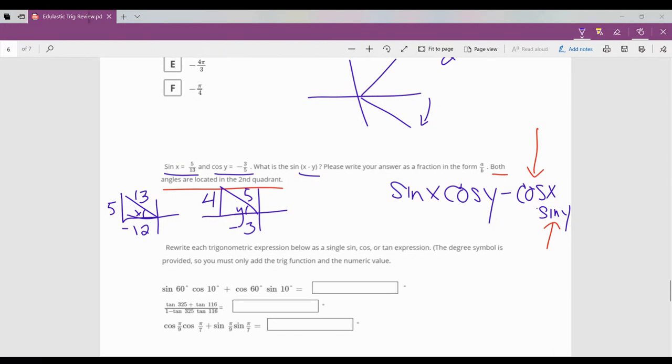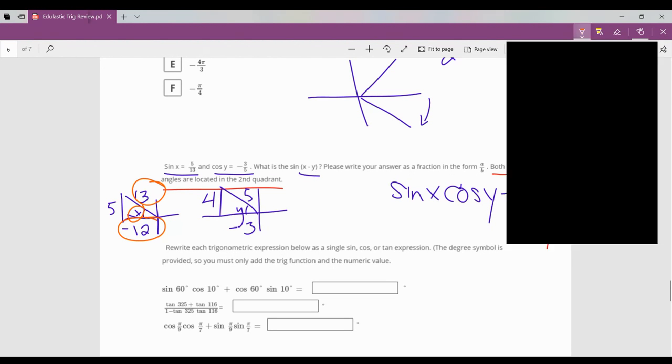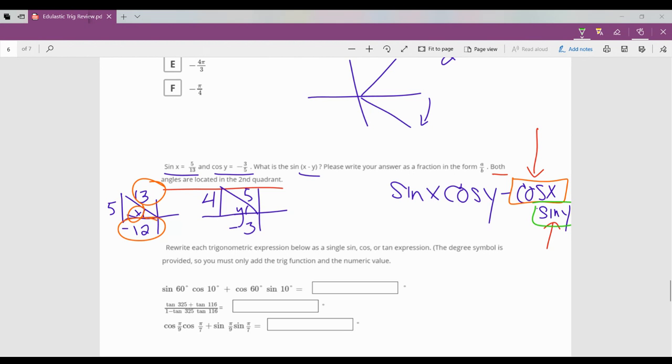All right, so then I could find what cosine x is by doing adjacent over hypotenuse, because that's the one for x. And then I could likewise find what sine of y is, which is opposite over hypotenuse for the y. Then you have to simplify by multiplying sine x times cosine y minus cosine x times sine y. Okay.